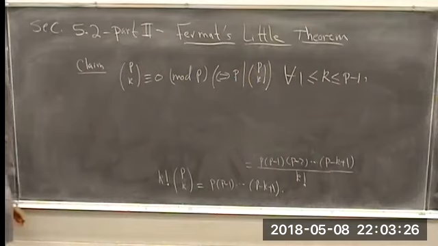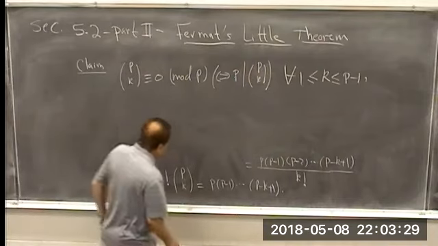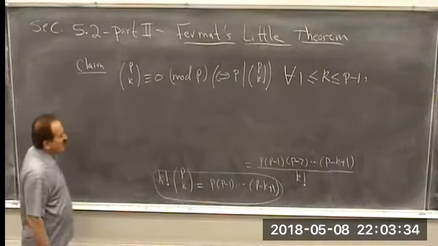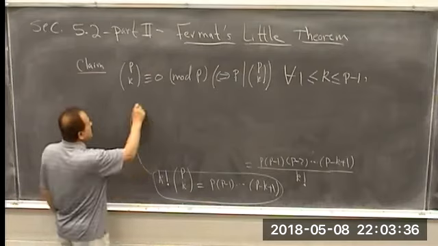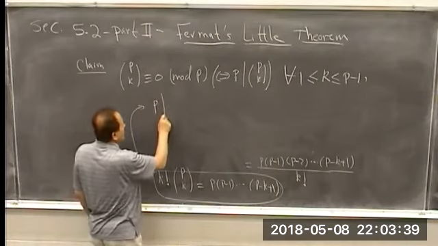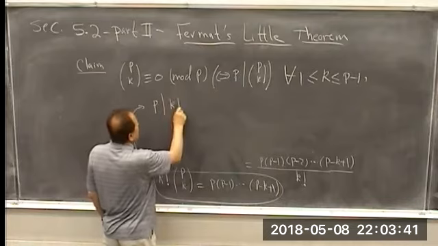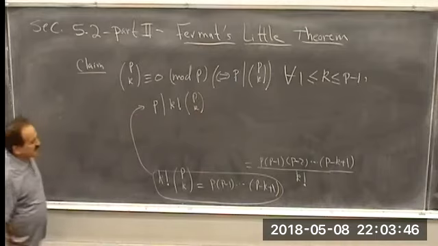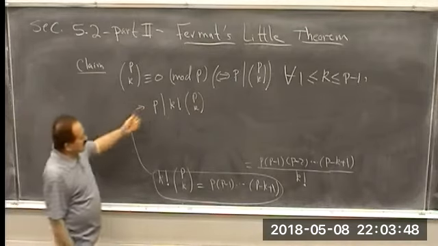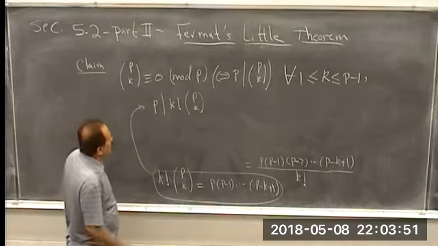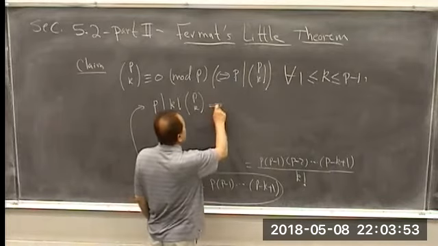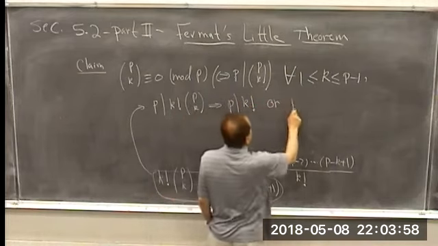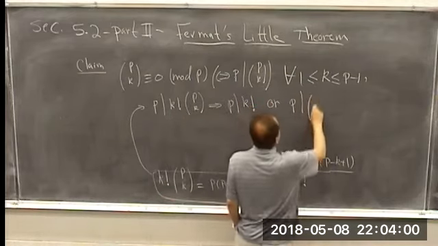Well, as you see in here, from this equation, we know that p divides k factorial times p choose k, because this is a multiple of p. Now, since p is a prime, this implies p divides k factorial or p divides p choose k.